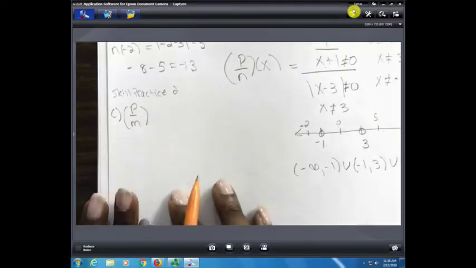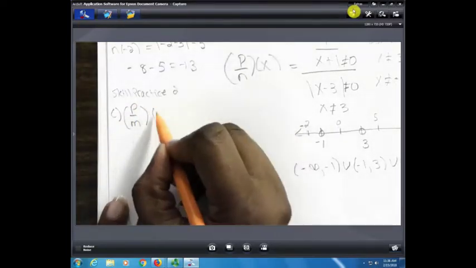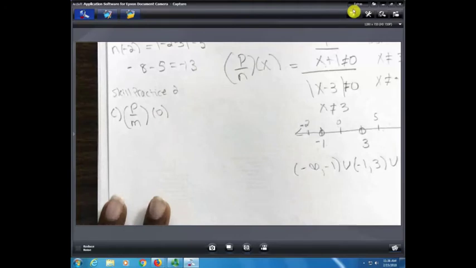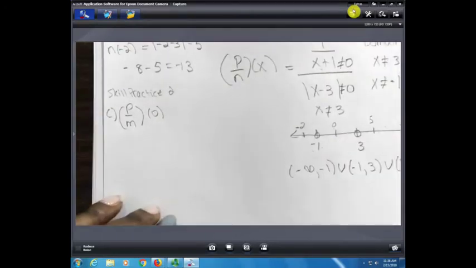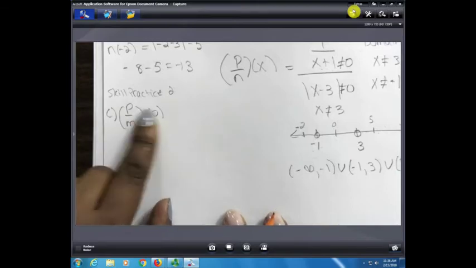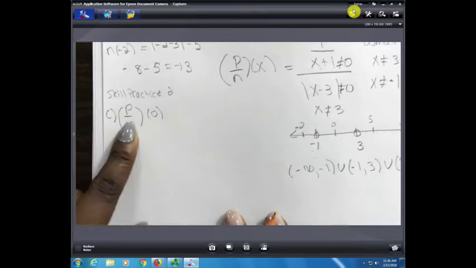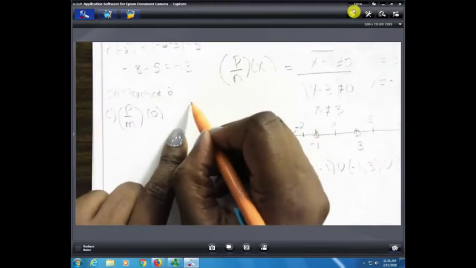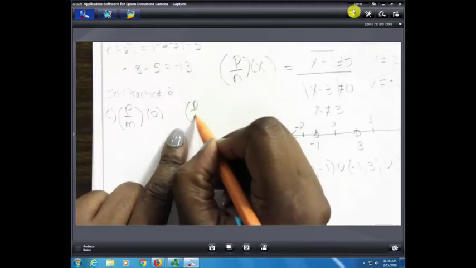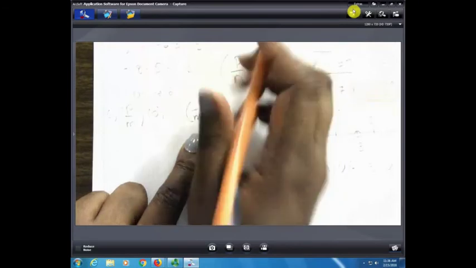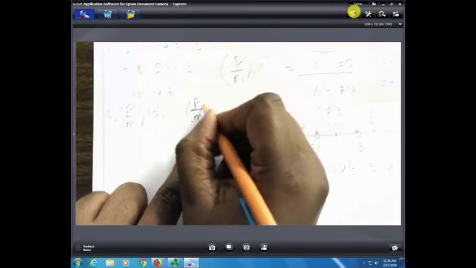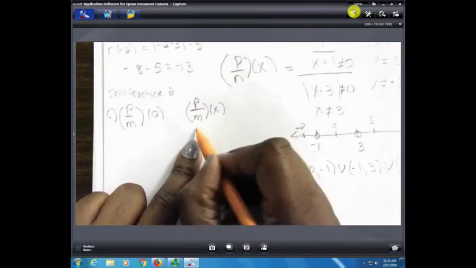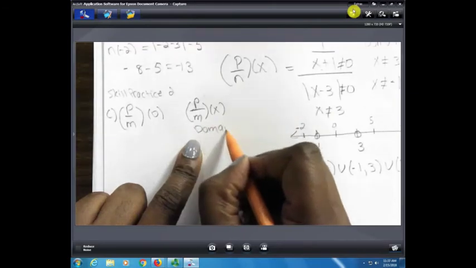So this time let's do P divided by M evaluated at 0. Not the P divided by M divided by 0, that wouldn't work. And then let's find the domain of P divided by M of x. So let's find the domain of this one.